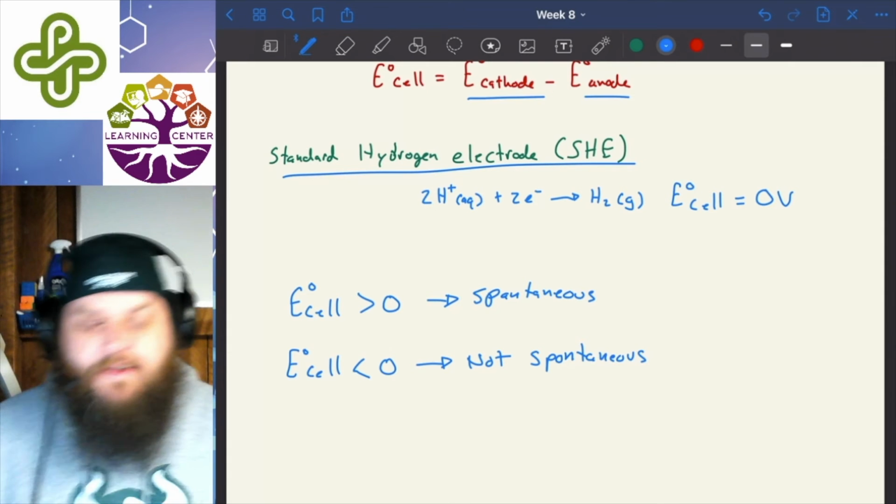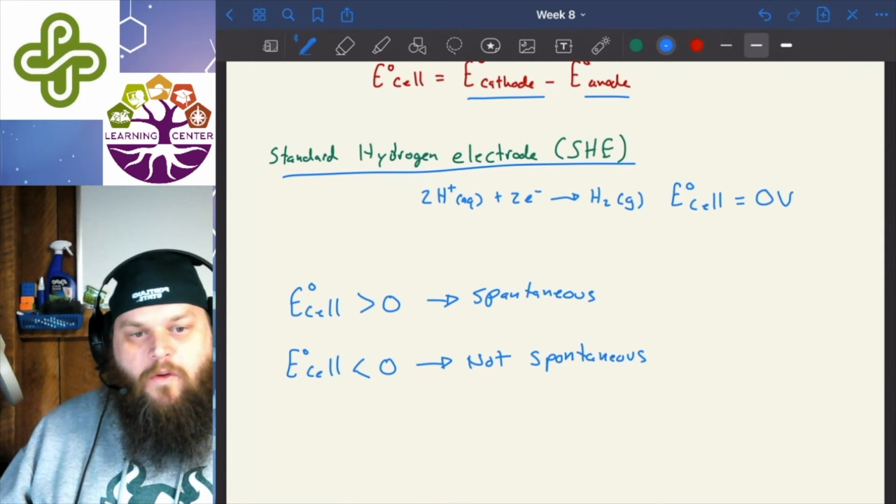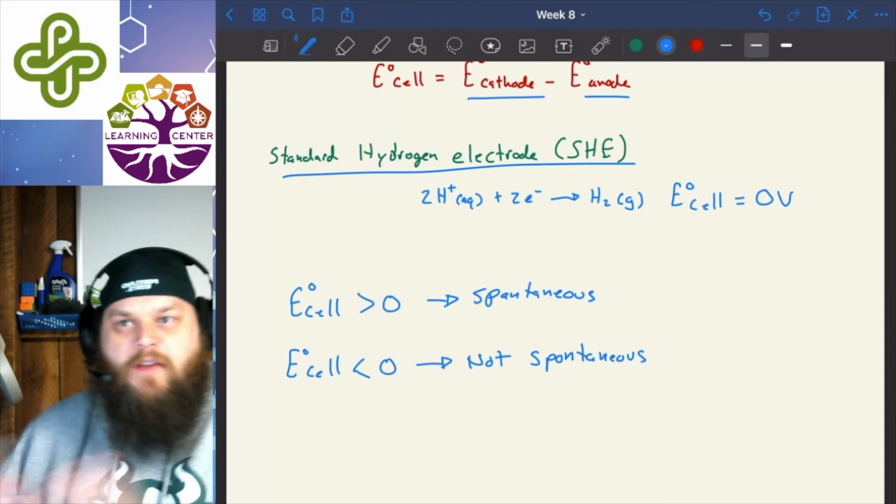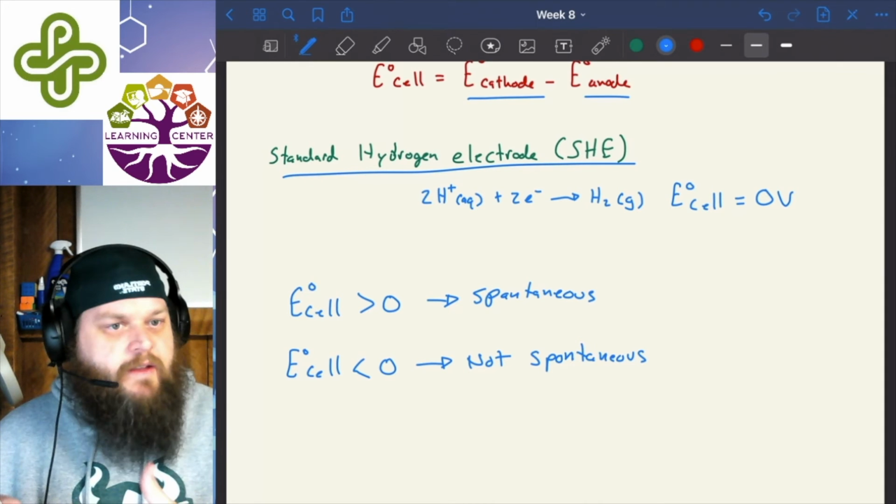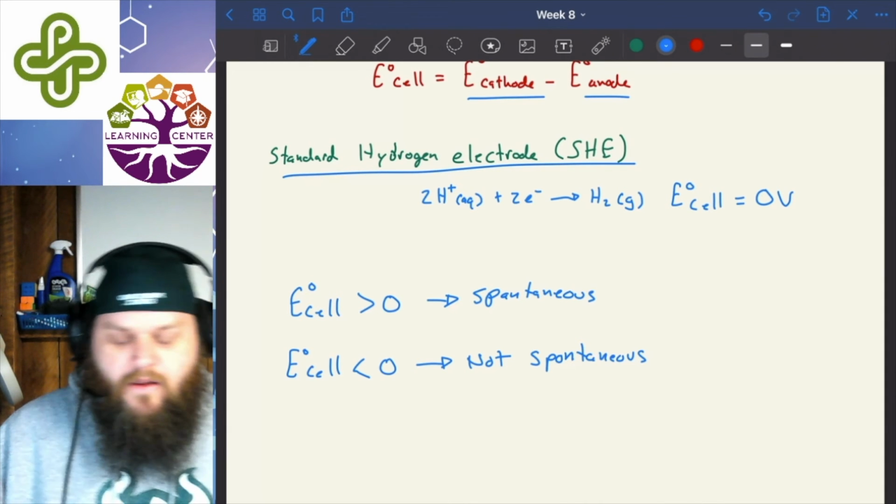And in fact, it's actually going to work in the reverse order. So it'll be more of a reactant-favored reaction where everything's going to be moving to the left as opposed to moving to the right.